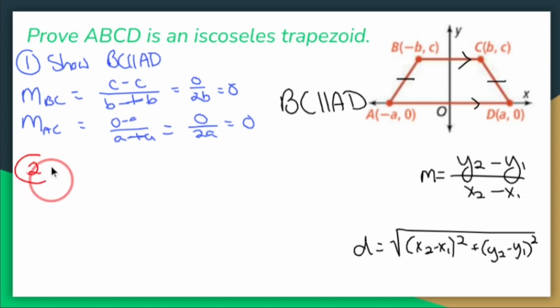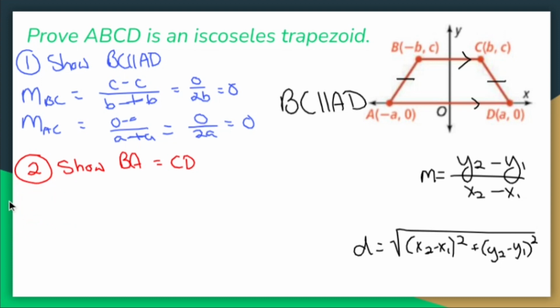Thing number 2 is I need to show that these two guys are equal in distance. So I'm going to use the distance formula to show that AB or BA is equal to CD. Compact disc, those of you 90s kids. Let's rewrite it so that I'm a little bit more specific.